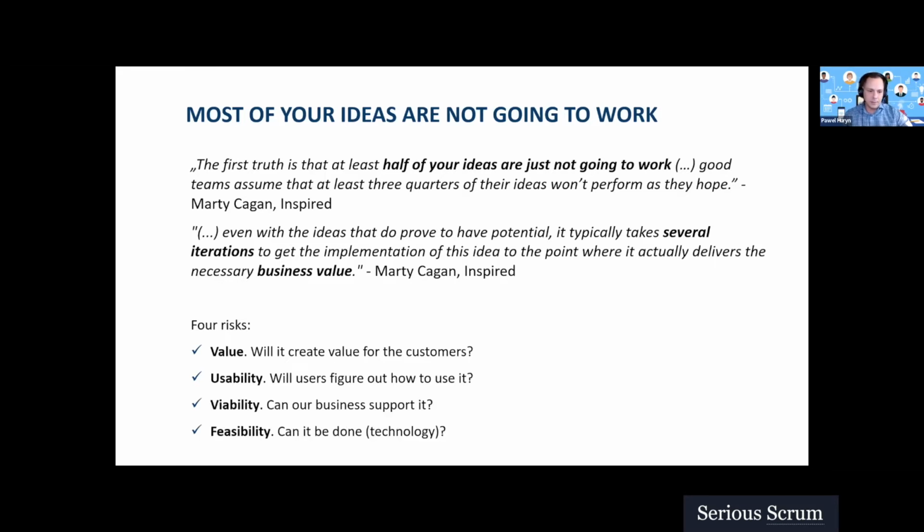And the fourth type is viability. So it means that maybe our ideas are not aligned with the business strategy of the organization, or maybe they will produce value for the customers, but not for the business. And in that case, we would like to make sure that our business can support them before we start working on a product.